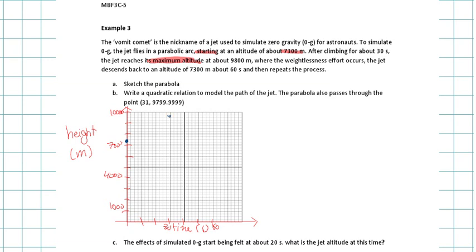Then it descends back to about 7,300 after 60 seconds, and that looks like a parabolic shape. So would your vertex be 30 and 9,800? Yeah, your vertex is going to be 30 and 9,800, because it's your maximum height.